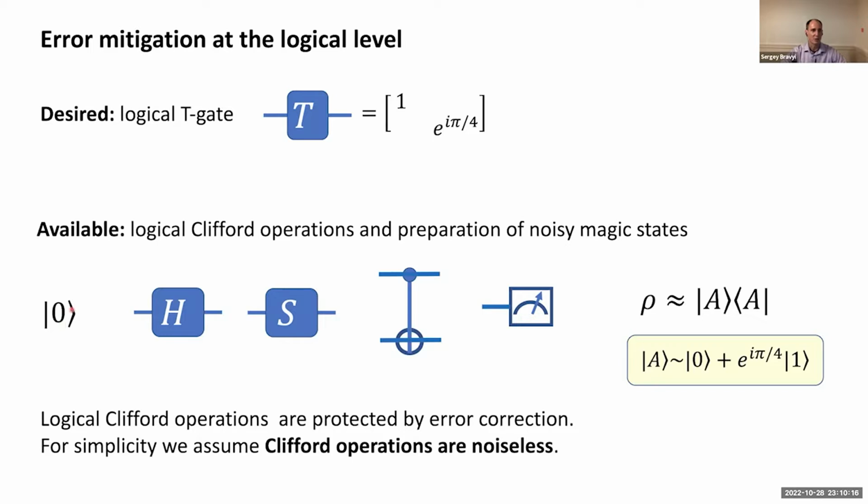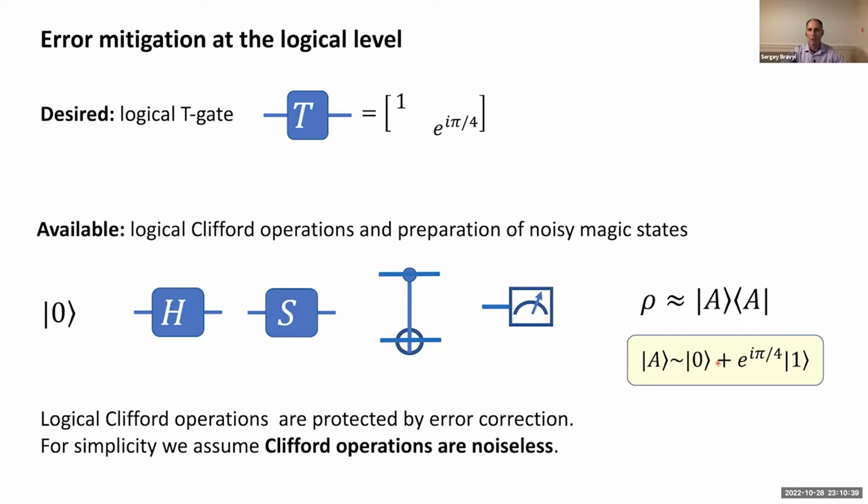We can initialize a qubit in 0 state. We can apply any Clifford gate. We can measure qubit in the standard basis. And in addition, we can initialize a qubit in some mixed state rho, which is close to the magic state defined in this yellow box.